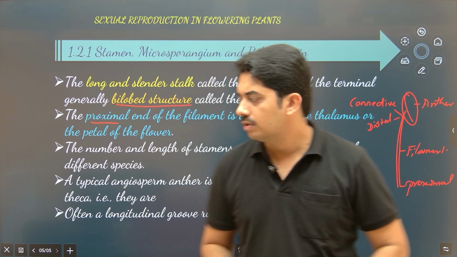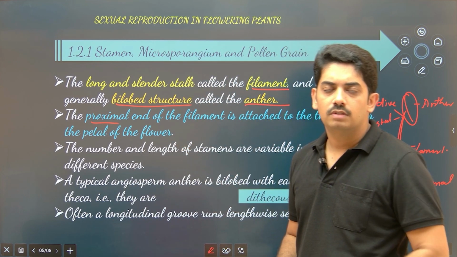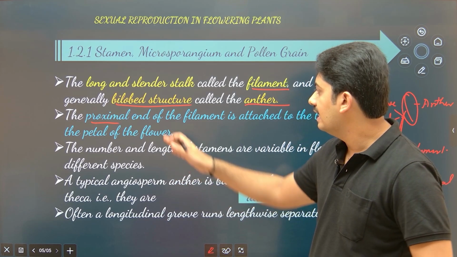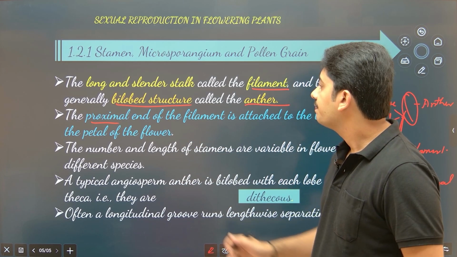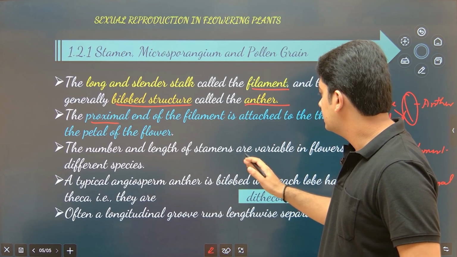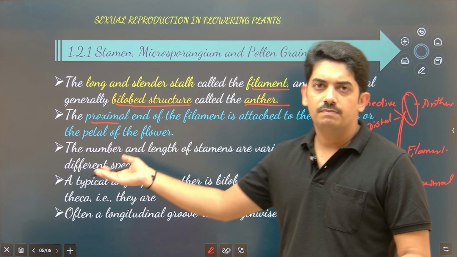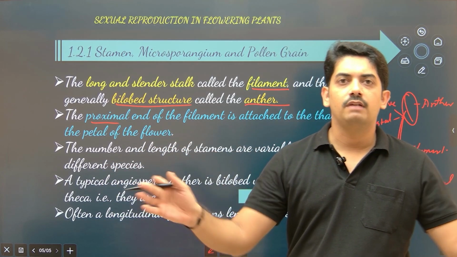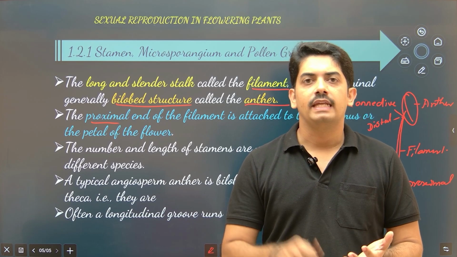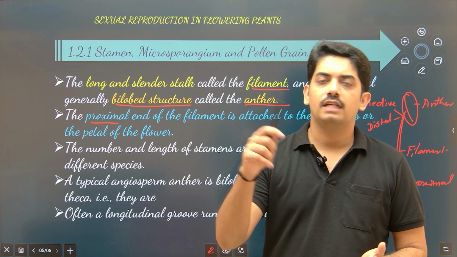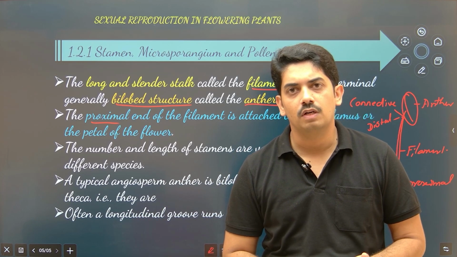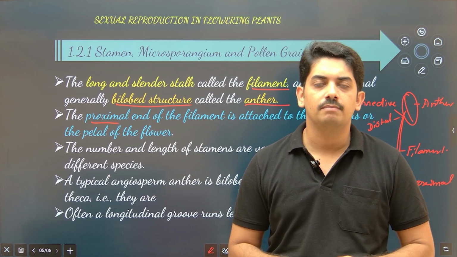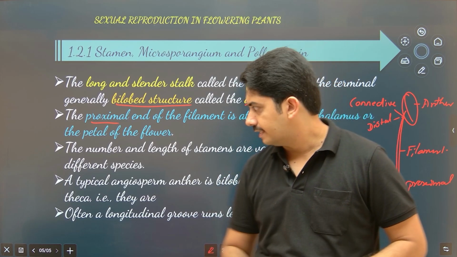So be careful about this particular statement, because in one of the NEET exams they asked this. Okay, very important. The number and the length of the stamens are variable from species to species. Take different flowers, take hibiscus flower, take jasmine flower, or take any flower of your garden. Just observe the stamens, they are not the same, they are different.